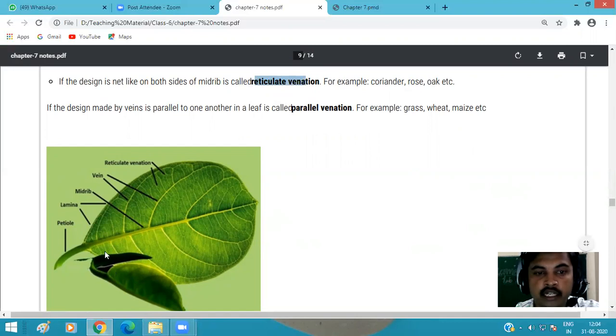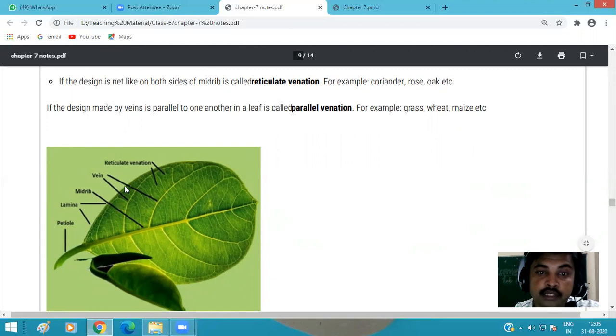The design is net-like on both sides of the midrib. Some examples of plants that have reticulate venation in their leaves are coriander, rose, and oak.